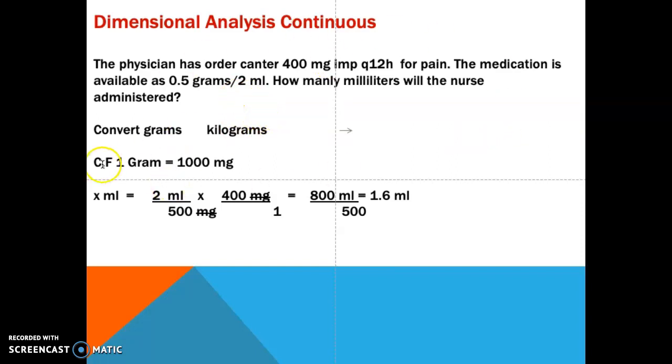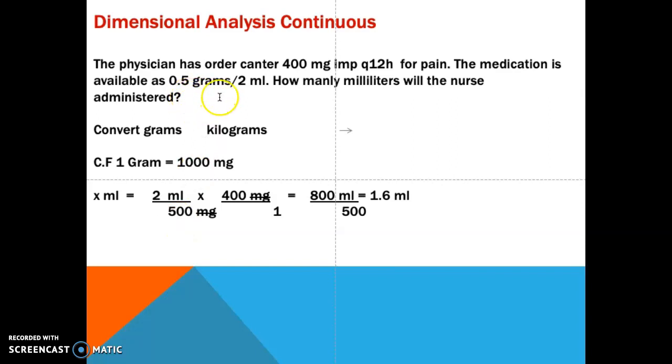So you have to convert grams to milligrams first, right? So we know 1 gram is equal to 1,000 milligrams. You just have to know that, memorize the conversion table, and we're looking for X mL. So we have 2 mL in 500.